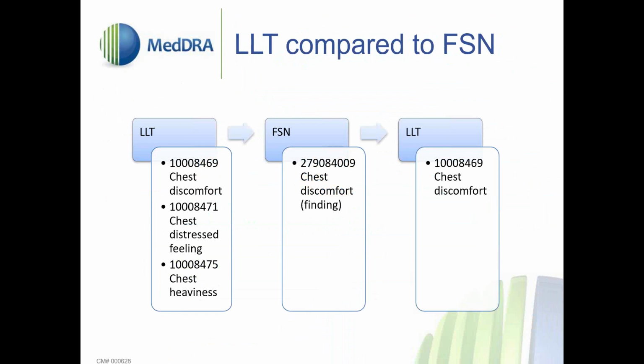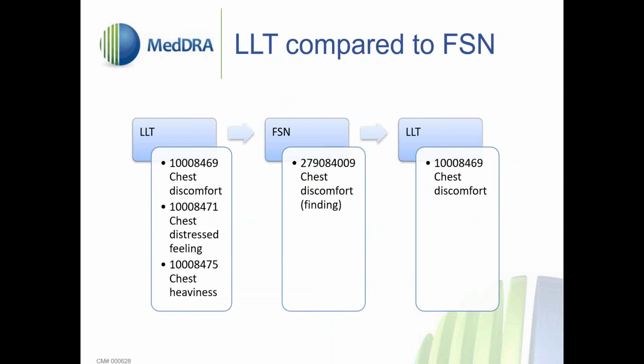On the very most left-hand side of the slide, you see 3 different LLTs: chest discomfort, chest distressed feeling, and chest heaviness. All 3 of these were ultimately mapped to the single FSN of chest discomfort finding. And then, because those FSNs become the source for the SNOMED to MedDRA map, one LLT was selected to map chest discomfort finding, and that is the chest discomfort LLT.